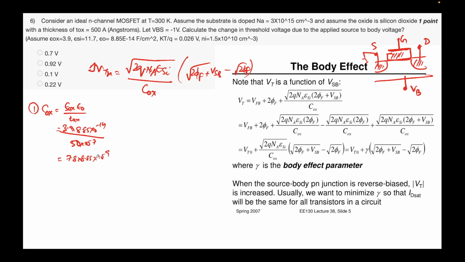Okay, so 7.8 times 8.85, this is coming out to be around 6.9 into 10 to the power minus 8. Okay, the units would be farads per centimeter squared.